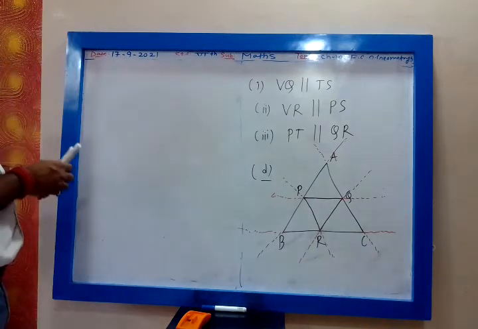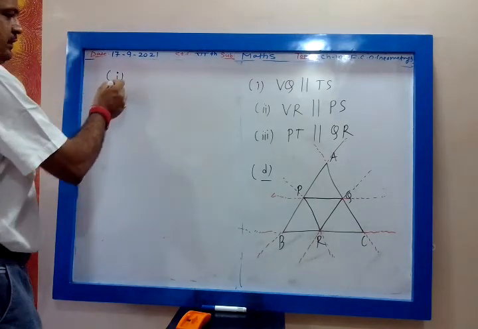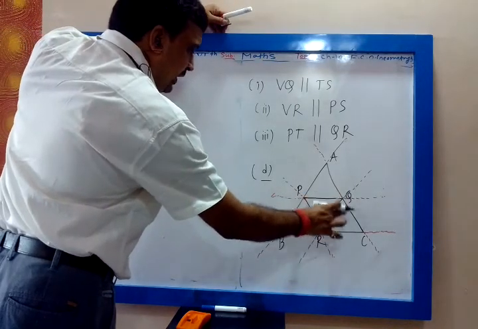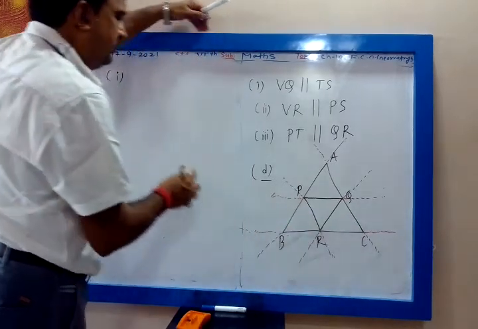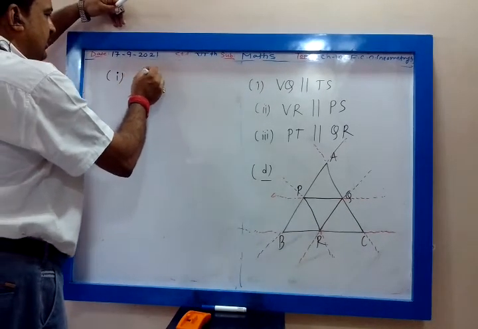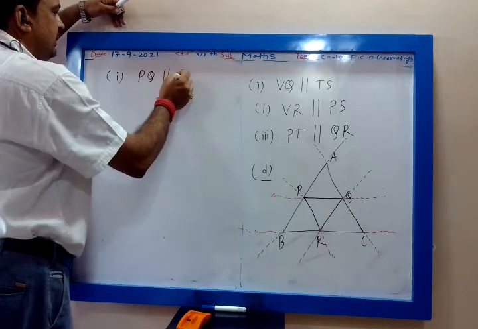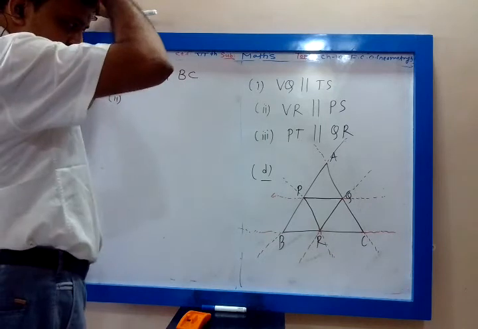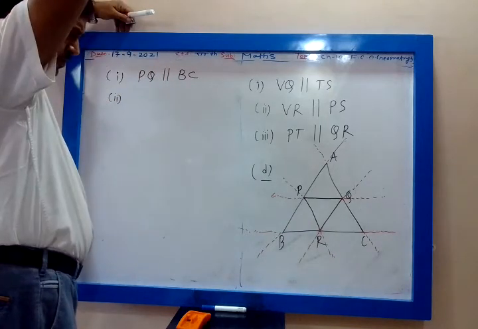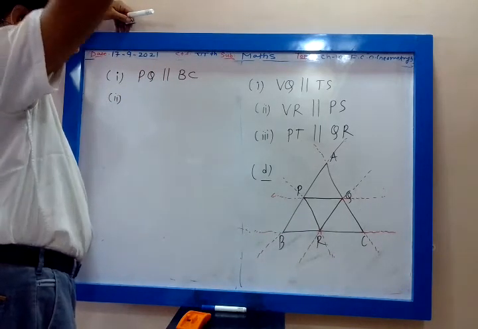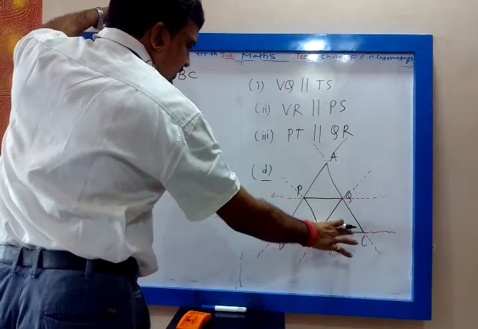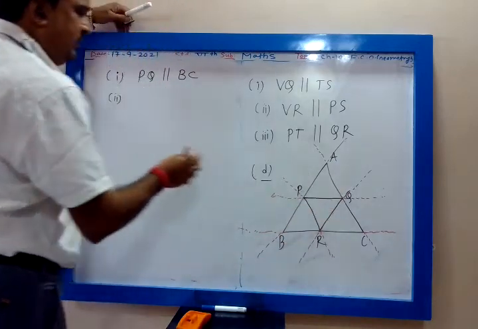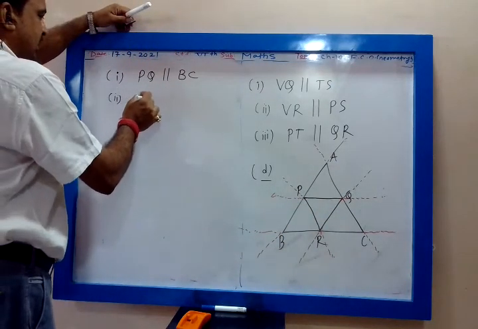First, see here. First you can say PQ is parallel to BC. Yes or no? We have covered that. Now PR is parallel to AC.